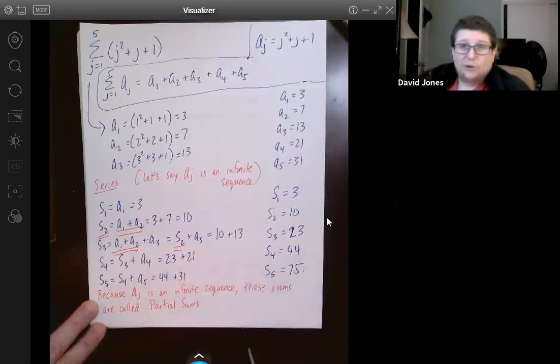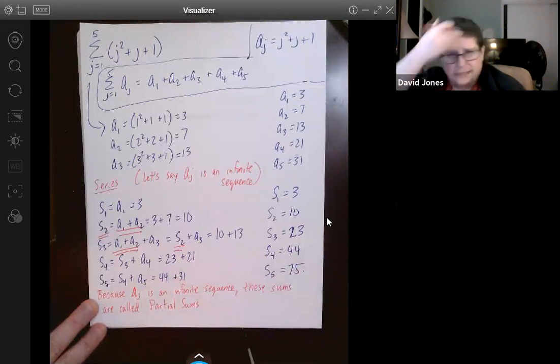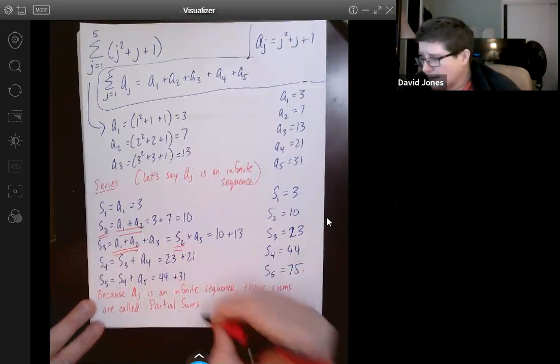Because we haven't added up the whole sequence. We've only added up part of the sequence. Okay? These sums are called partial sums.